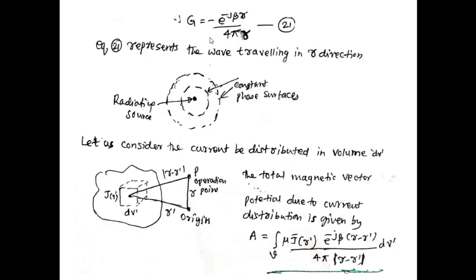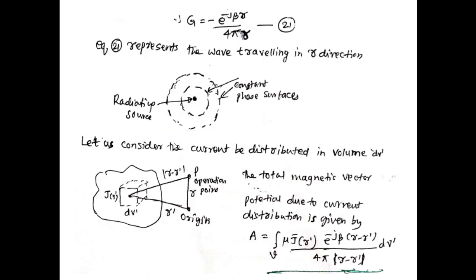Therefore, G is equal to e raised to minus j beta R whole divided by 4 pi R. Equation number 21 represents the wave traveling in R direction. Here the radiation source is at the center and you will get the constant phase surfaces around the radiating source.